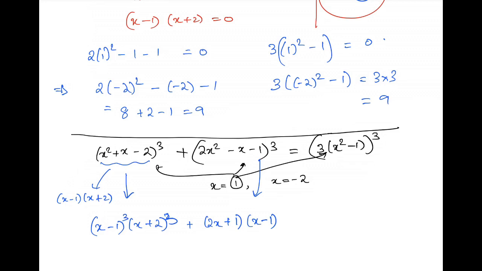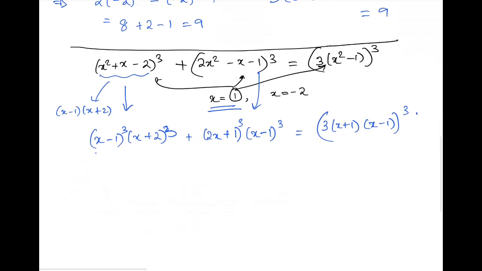That's also a simple middle term factorization. And finally, the last one factorizes into 3 times (x + 1) times (x - 1) whole cube. So x equals 1 is not only a solution, it's actually a solution of order 3, because each one has (x - 1) whole cube in it.